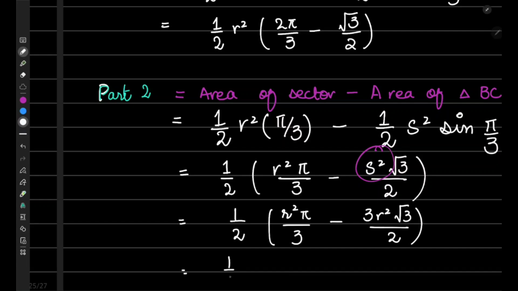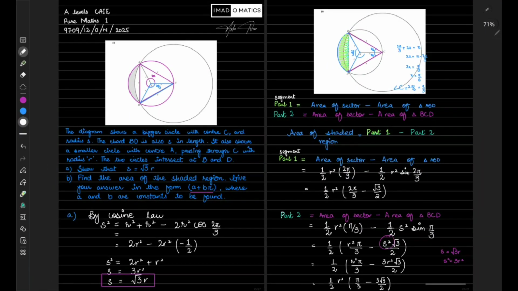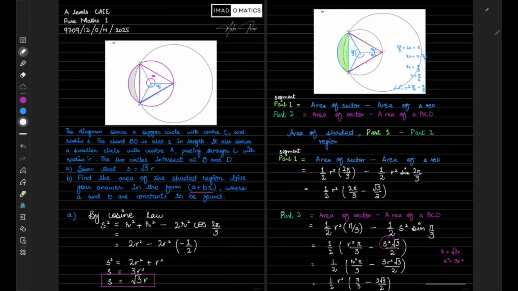Taking half r square common again, we are left with pi over 3 minus 3 root 3 over 2. So that gives you area of the shaded region is part 1 minus part 2. So we are subtracting this.